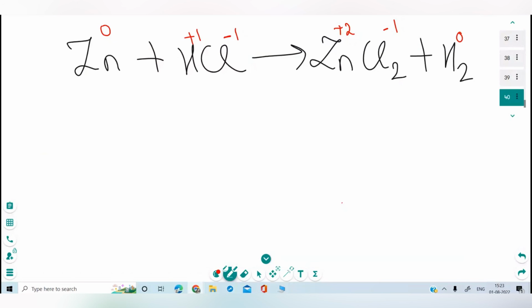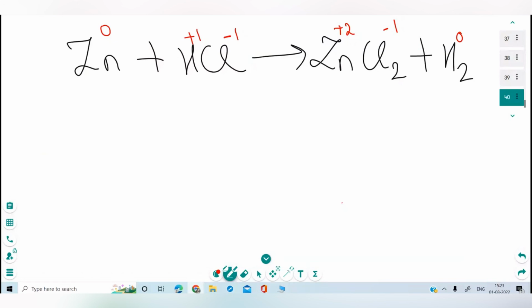That is why it is in the elemental form. Same way, zinc also, when you write it like this, is in elemental form.